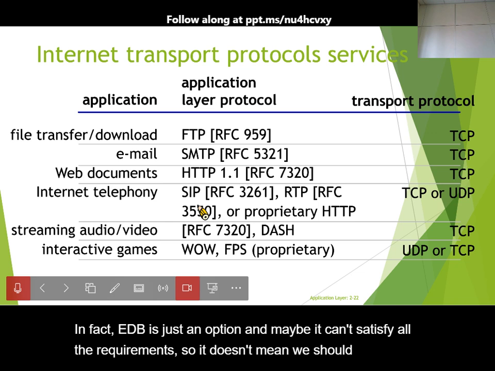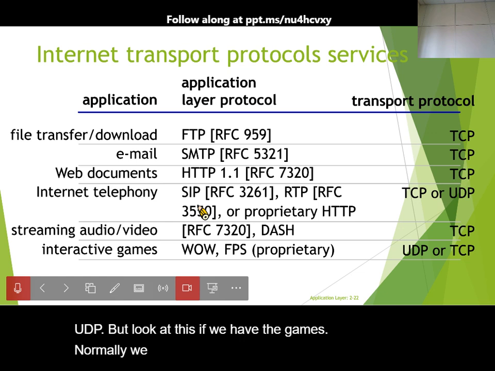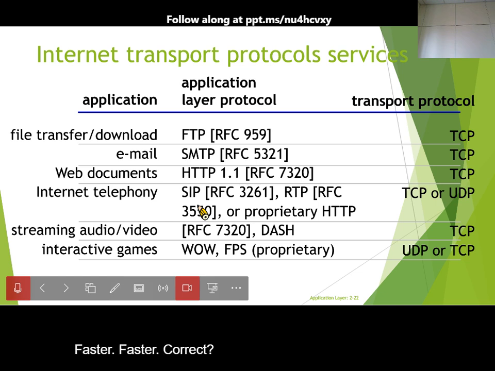But look at this. If we have the priority set for interactive games, normally we choose UDP first and then TCP. Why? Faster. Yeah, correct. Why faster, provided by UDP?